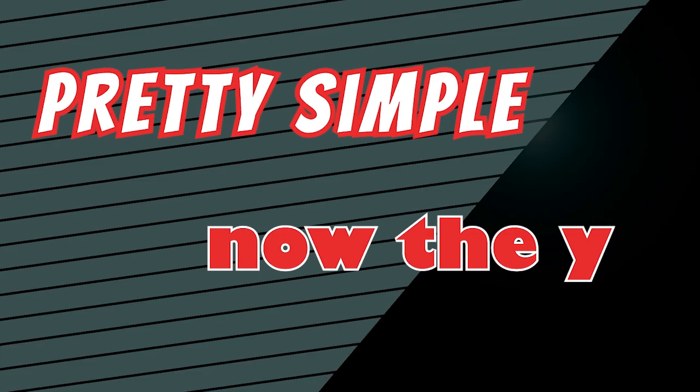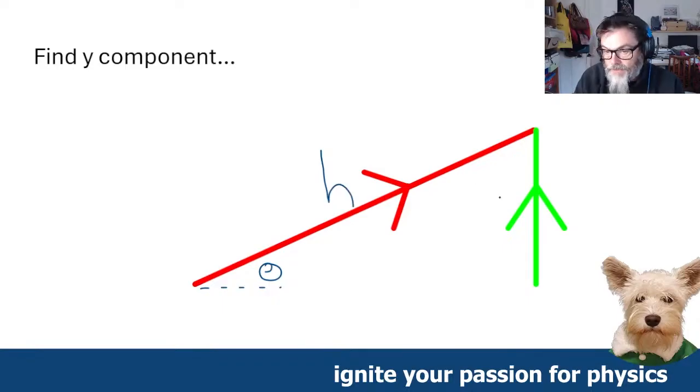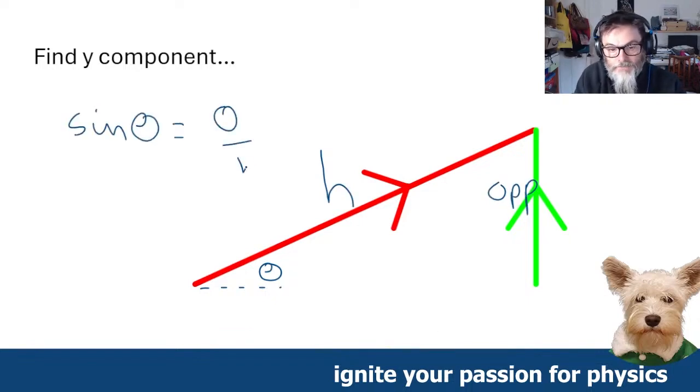So by a similar sort of argument, this over here is going to be the opposite. I remember that sine theta is the opposite over the hypotenuse. So we can take the h, just like we did before, pop it up there. So h sine theta equals the opposite. H, of course, being our vector, which might be, in this case, let's say it's a velocity of 5 meters per second.